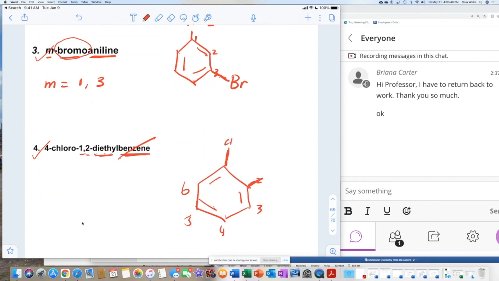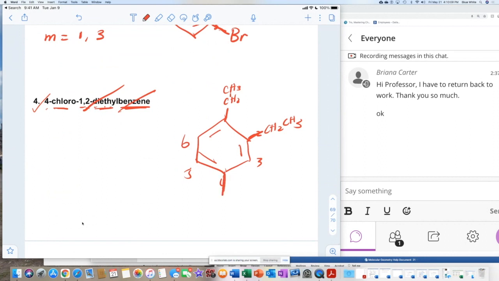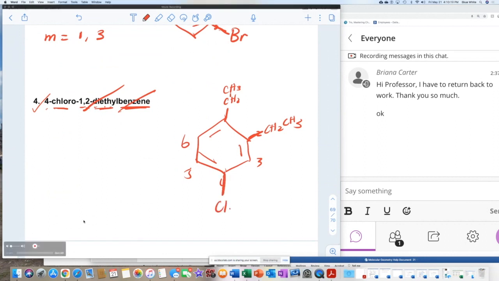Ethyls have two carbons. CH2, CH3, two carbons. Let me do better. CH2, CH3, CH2, CH3. Okay, so this part is done. And then carbon 4, I have a chlorine.